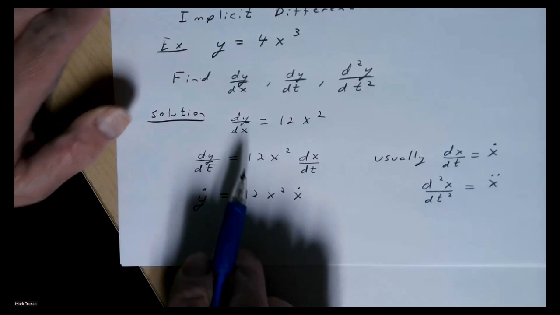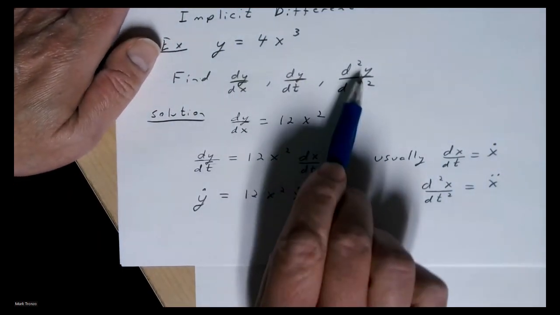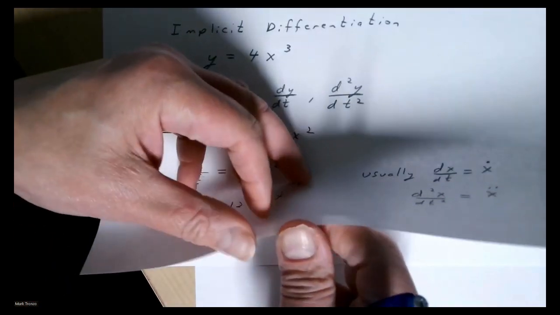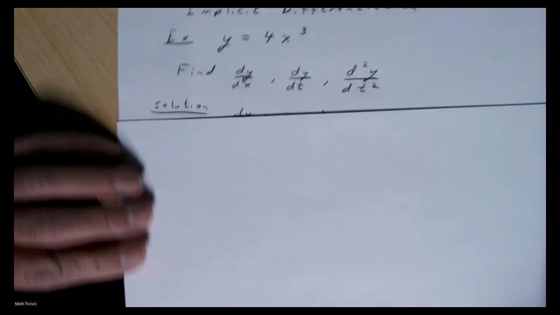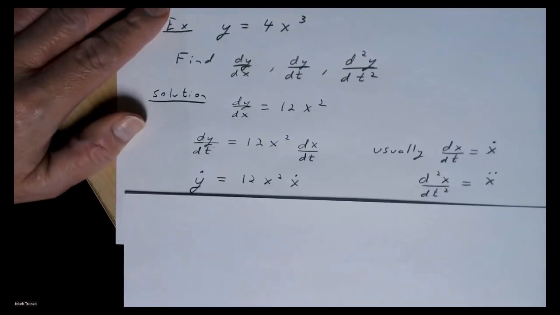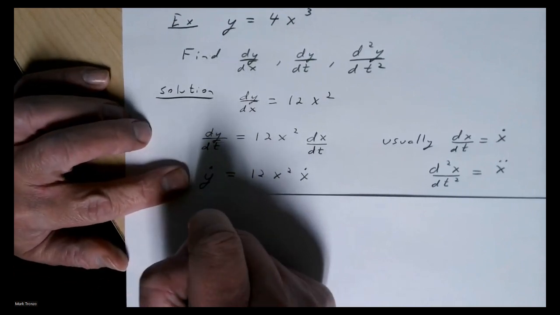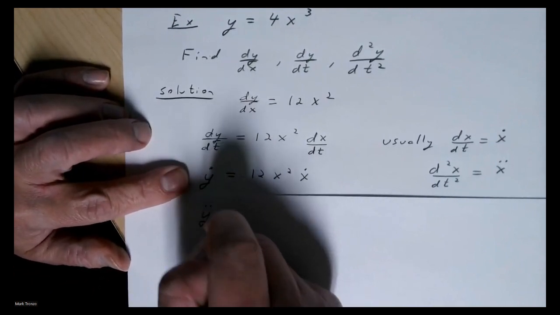And finally, let me do the last one. We want to find the second derivative with respect to t. And so we're going to start with what we have here, and we'll take the second derivative.